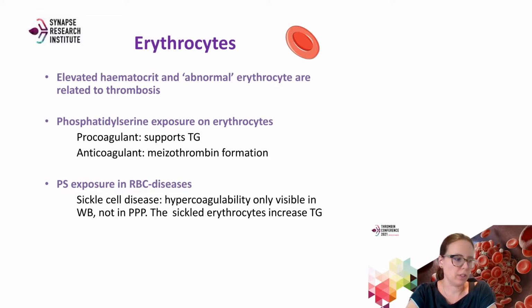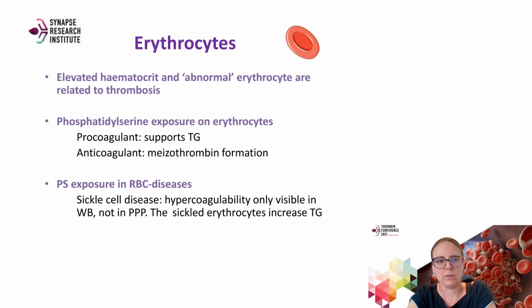Some research has been done that focuses on the influence of erythrocytes on thrombin generation. Increased hematocrit as well as abnormal erythrocytes have been associated with the occurrence of thrombosis.